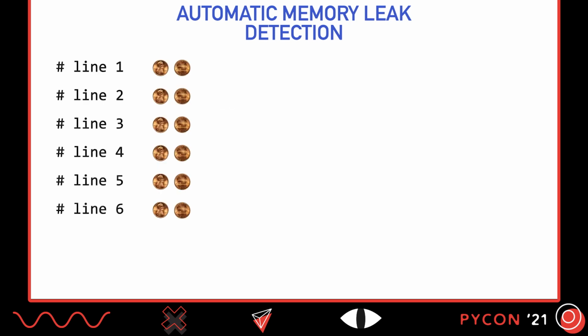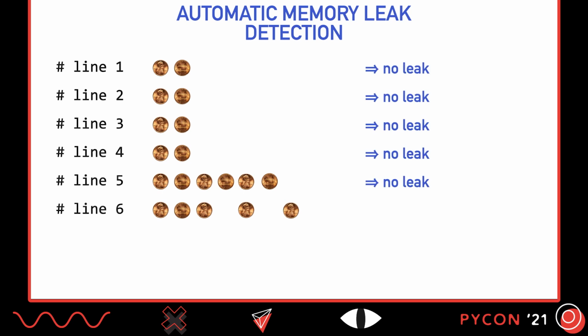So conceptually, Scalene assumes that all lines of code start with an equal number of allocations and frees, right? One heads and one tails, meaning no leaks. It then gradually builds up information as the program is running, sampling allocations and recording whether they were freed. And over time, we will see a pattern that will start to emerge.